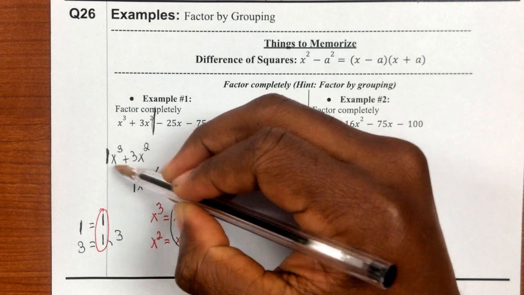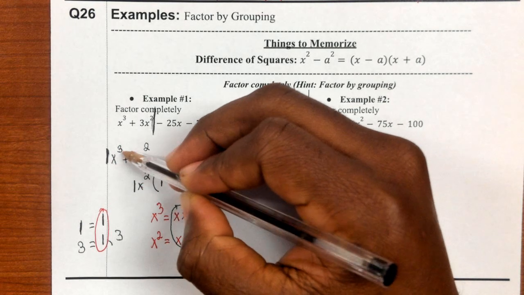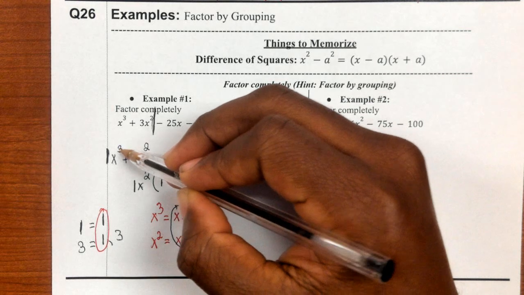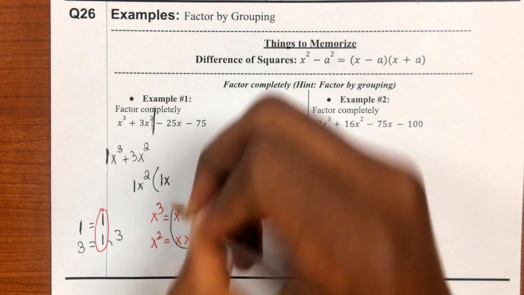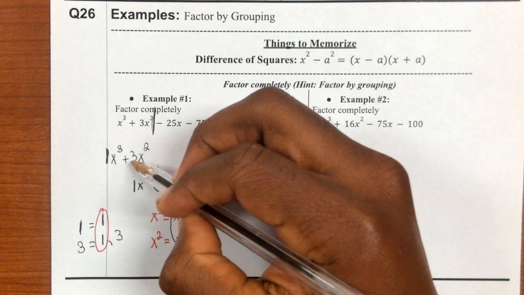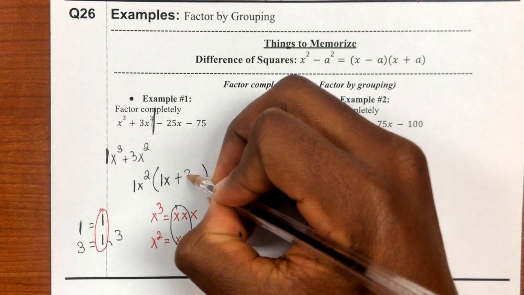Whenever you're dividing things that have the same base, you subtract exponents. So what's 3 take away 2? That leaves you with 1, or just x. Now I divide 3 by my coefficient in front, and I get positive 3.